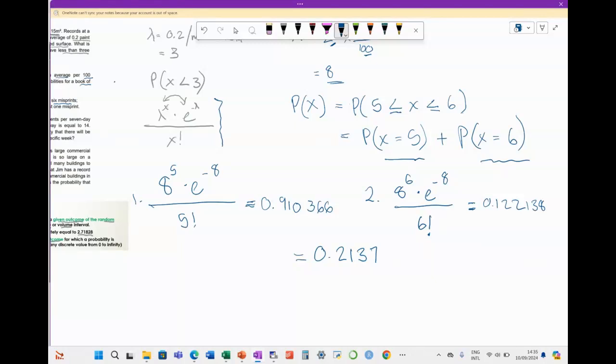That's not what you are getting. Wait, let me also just check. Yes, this is what I got. 0.0916 is what I got as well. But just check your decimals here. I'm sure you got this bit.